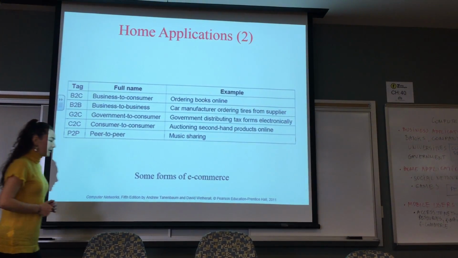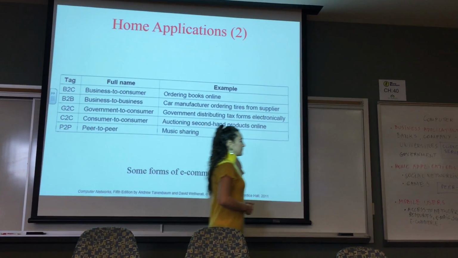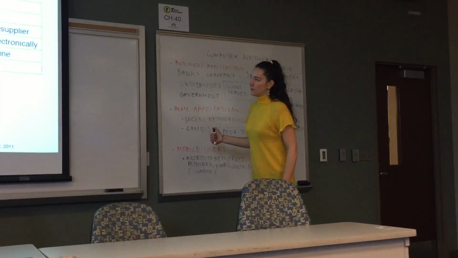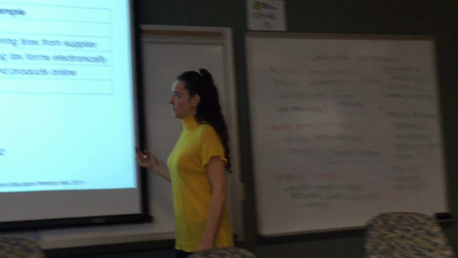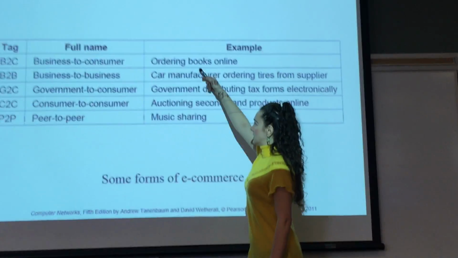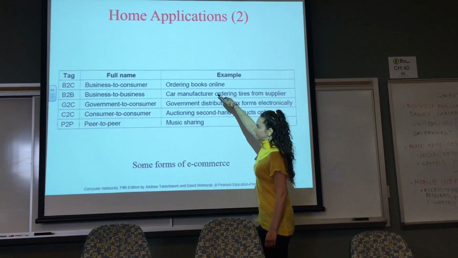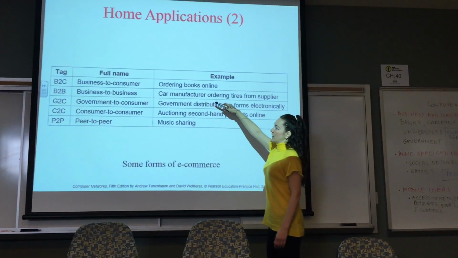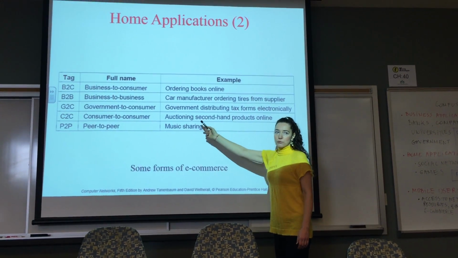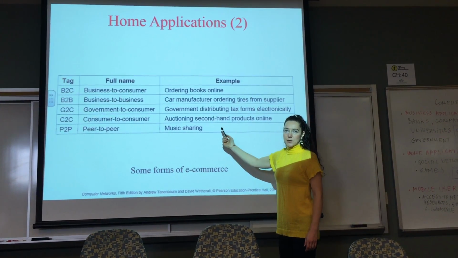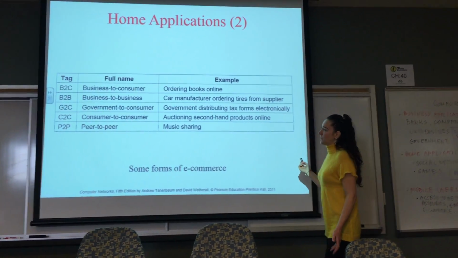Now, for the home applications, in addition to social networks and games, the network allows the home users to connect to businesses and, let's say, purchase things online. But it also allows home users to connect to the government services, such as filing our taxes online.